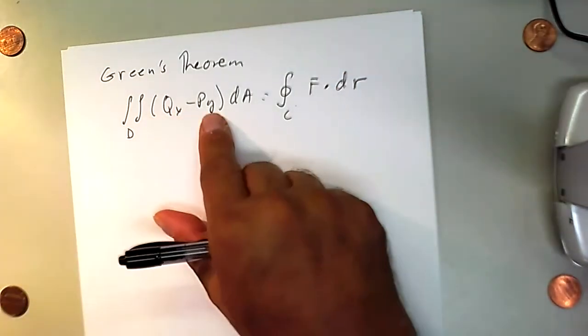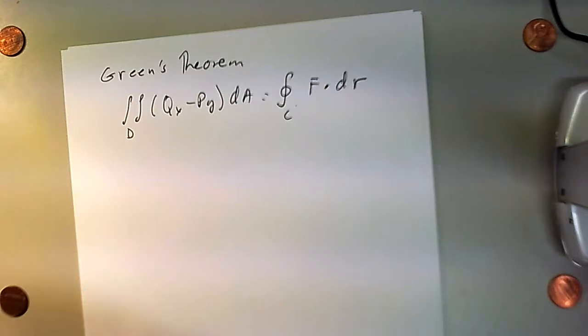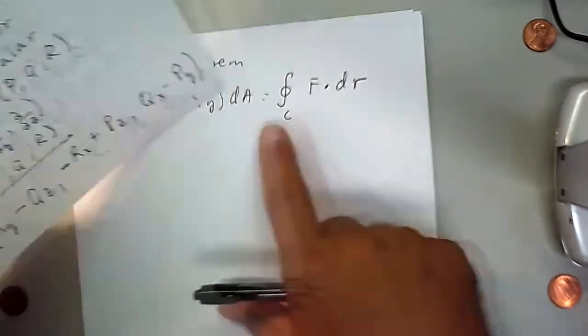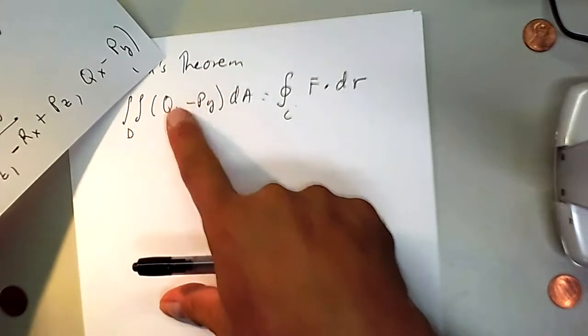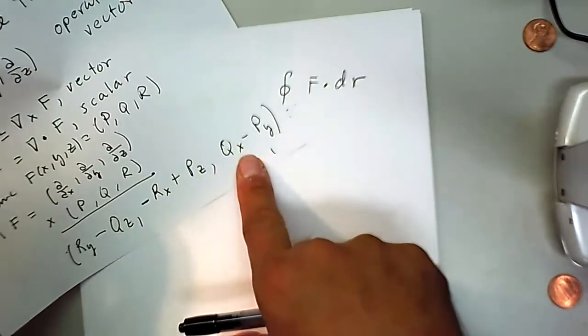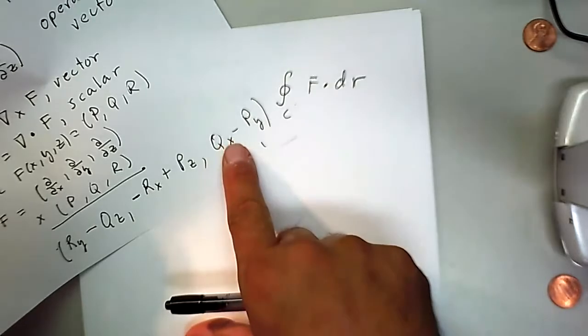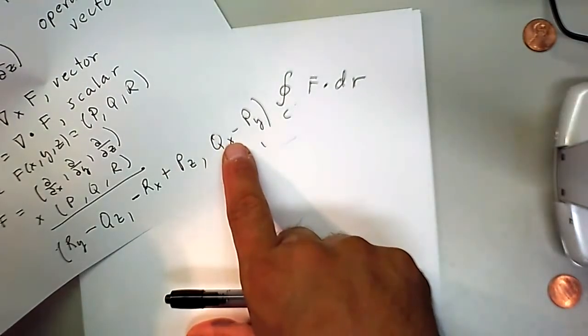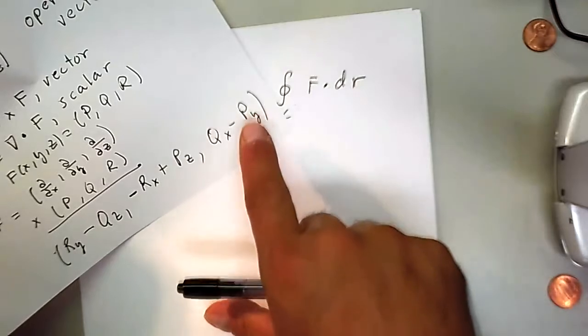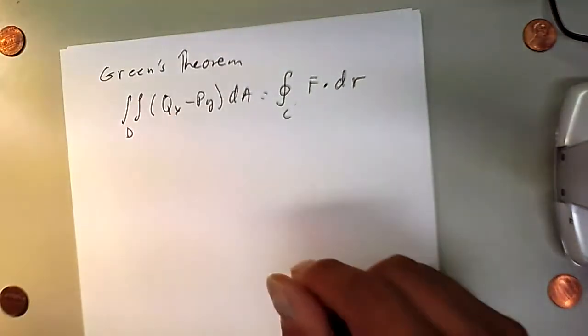Now this is one of the components of the curl. The curl has that particular expression as one of the components. If you want to pick up that component from the curl, we can do that by simply doing the dot product with 0, 0, 1.